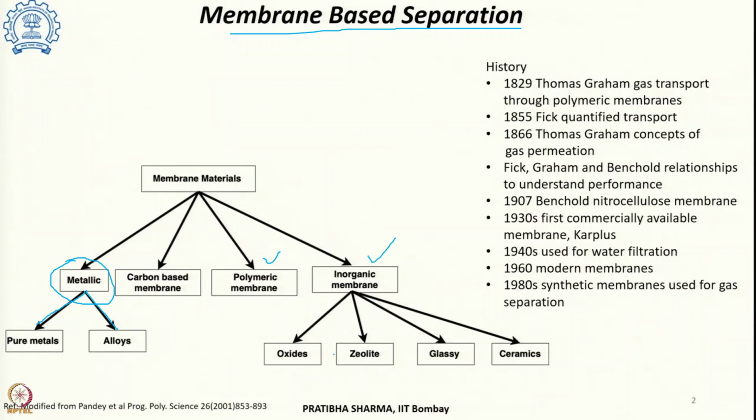Inorganic membrane means oxide, zeolite, glassy and ceramic. For polymeric membrane, you have to remember the names, like polysulfone, polyether ether ketone, and cellulose acetate. These are the polymers used for the polymeric membrane.